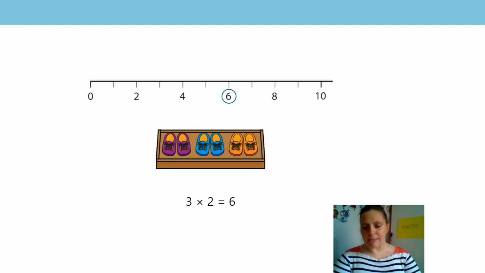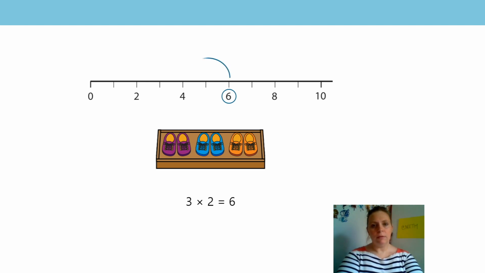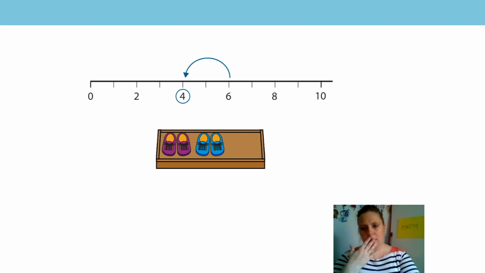But someone's going to come and take a pair of shoes. Hopefully they'll buy them, not take them. So our 6 goes to 4. A pair of our shoes go away, and we need to write the new expression. Don't forget your product and your factors, and have a go yourself.